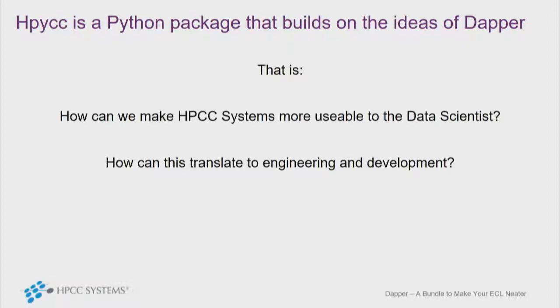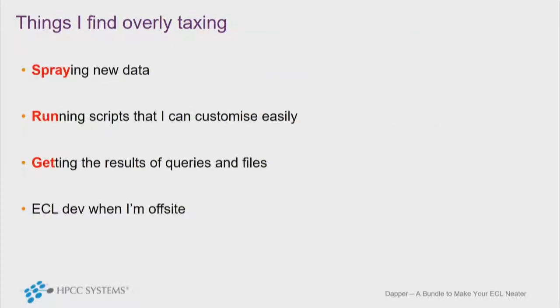So the whole principle of HPCC was that we can find ways to shortcut that process using ECL.exe and also the APIs that come with the ECL web tools. It can be used for spraying new data, running scripts from something like a Jupyter Notebook, getting results of queries and files, and it's also got some Docker tools in it so you can do ECL dev when you're off-site.